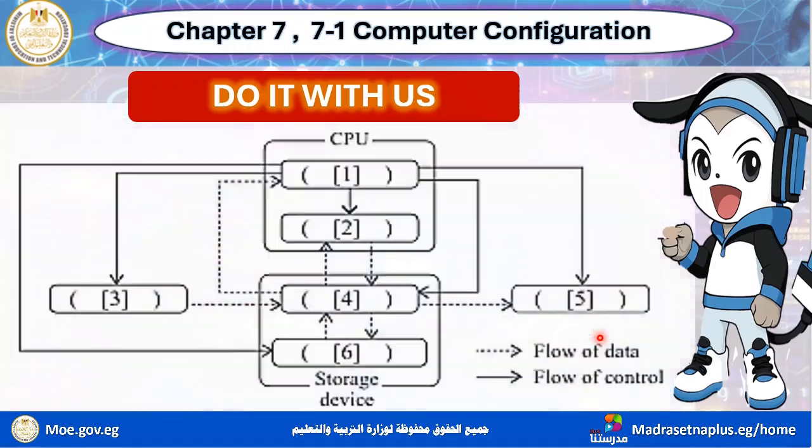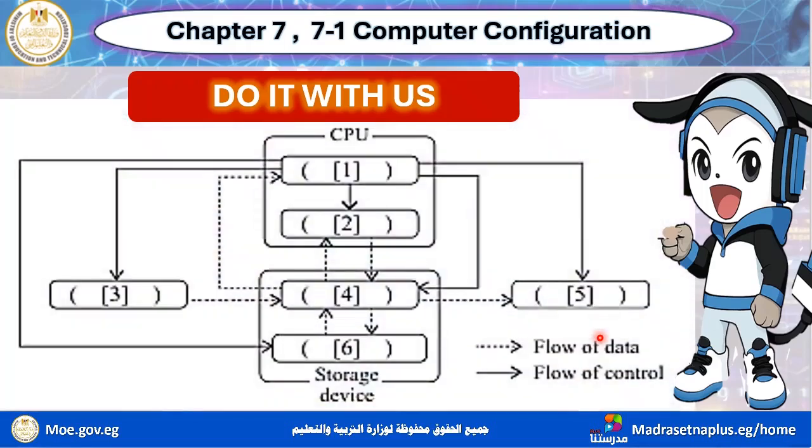So here's the diagram. Can you know which one suits the numbers here? Well, the first one here is the control unit. We put it here as the first one because the flow of control is directed towards all devices.